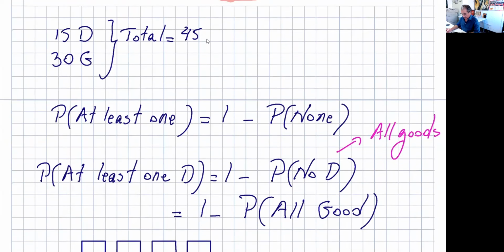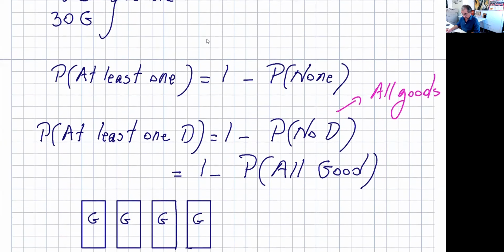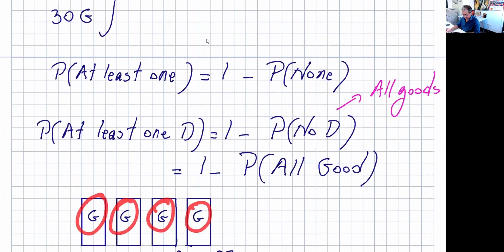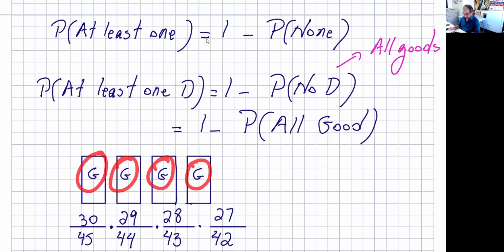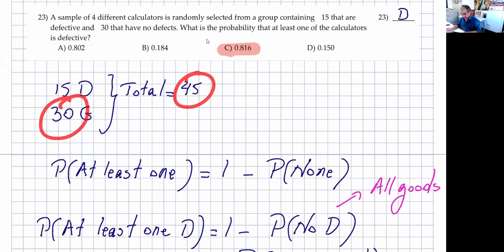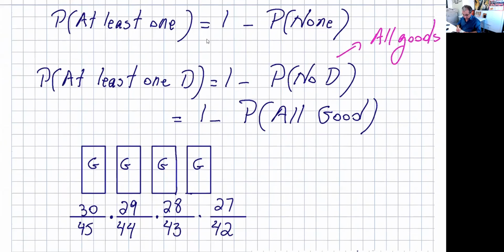So now what can happen? When I pick 4 calculators, here there is no replacement. I want all 4 calculators to be good calculators. So the probability of the first one to be good is 30 out of 45, but that's gone. 44 of them are left.